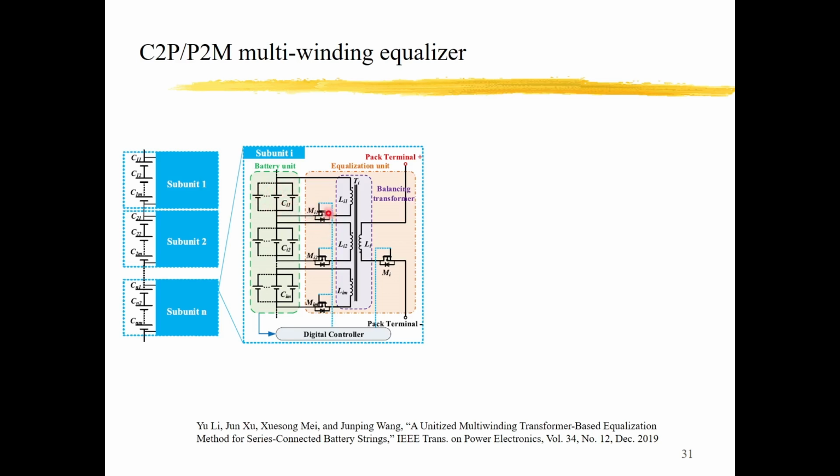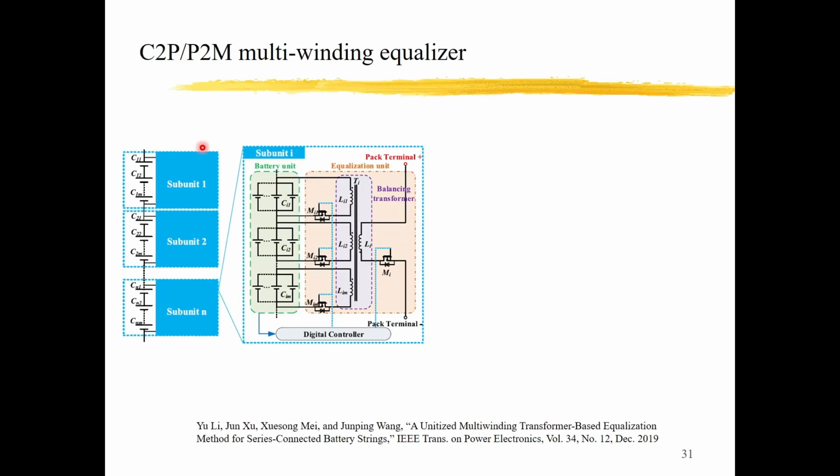If we turn on the switch here, the energy from the cell will be transferred to the transformer. When this switch is turned off, the energy will be transferred by this winding, which is connected to the whole pack, because it is connected to the pack terminal plus and the pack terminal minus. So the cell energy can be transferred to the whole pack.